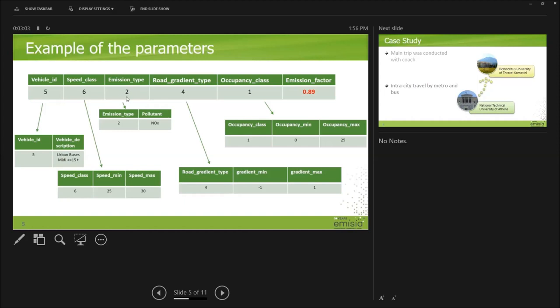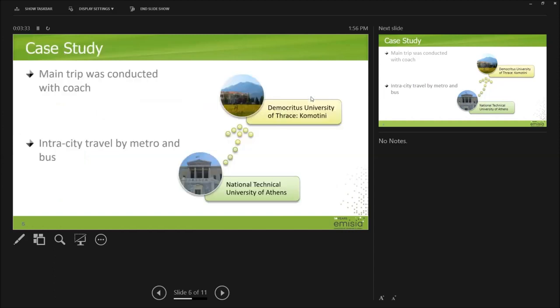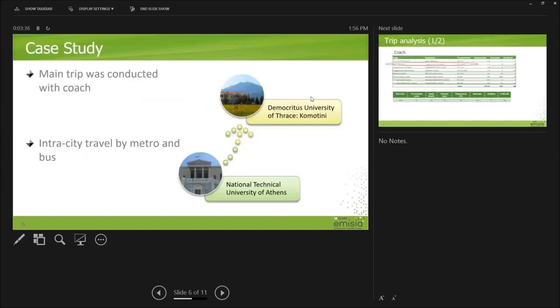For example, emission type 2 is the pollutant NOx. Road gradient 4 means that the road has a gradient between -1 and 1. And occupancy class 1 corresponds to between 0 and 25 passengers. So combining all these parameters, we result in an emission factor of 0.89 grams per kilometer.